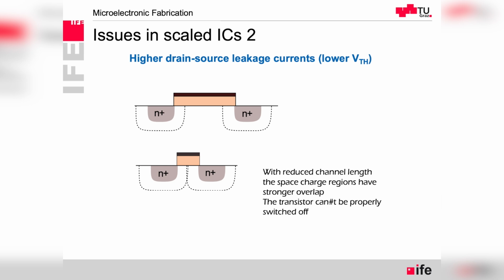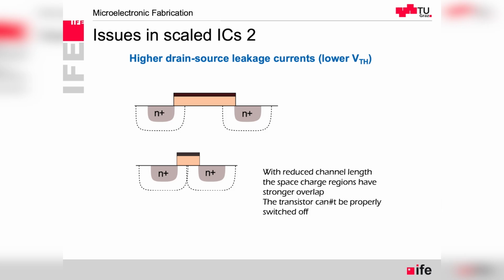Because of that, we don't have any more control over the current that flows between drain and source. If the transistor is switched off, the thermally generated charge carriers can still move quite freely between drain and source.